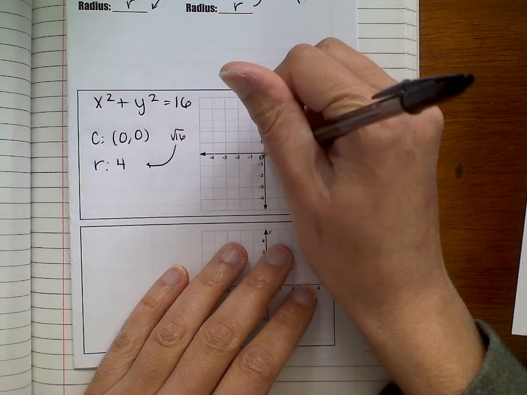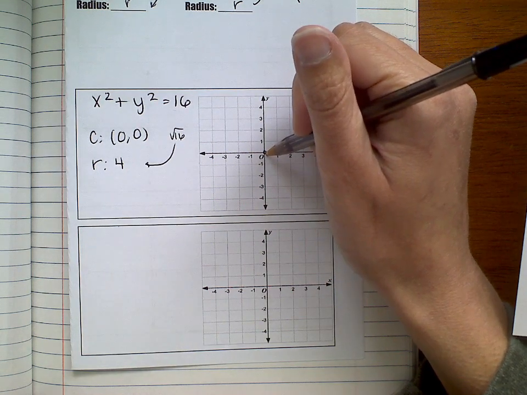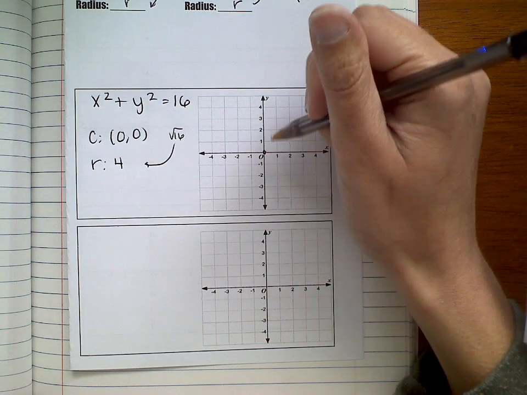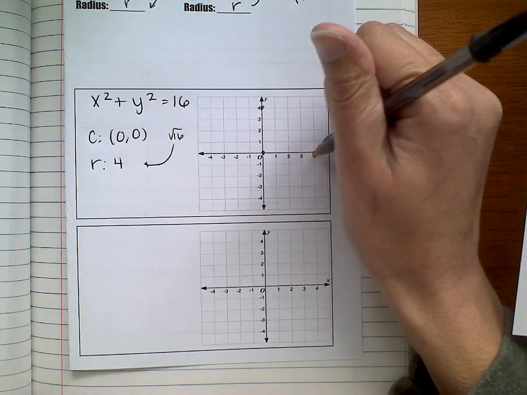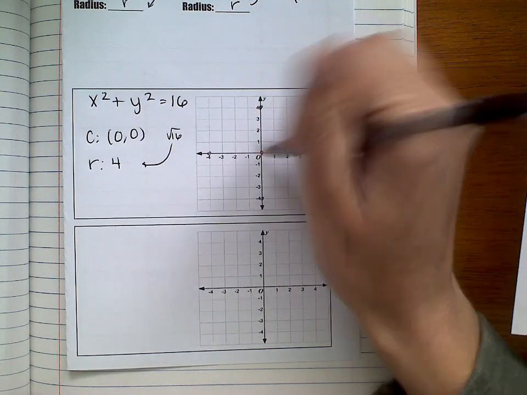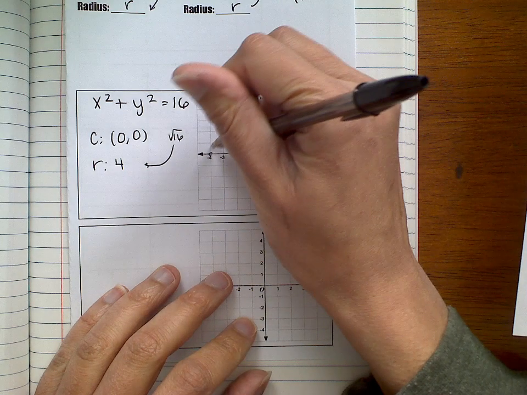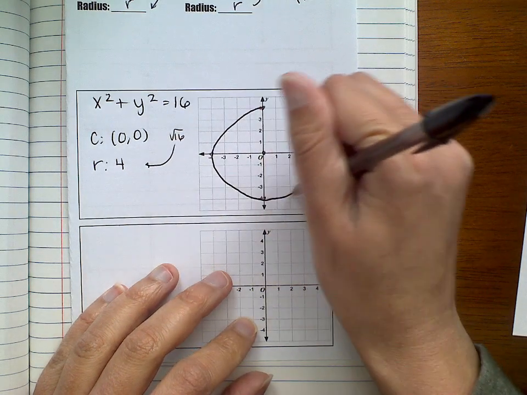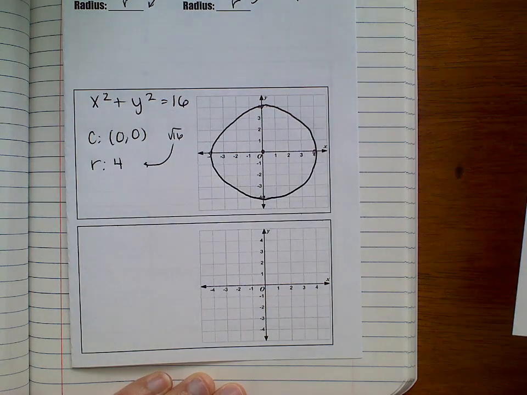I plot my center, and then I go out from that center 4 in every direction that's easy. So it's easy to just go up 4, or over 4, or down 4, or left 4. It's not really easy to go diagonal 4, so I just don't. And then I just want to make it look as circular as you can and less like a potato, because mine is definitely a potato.